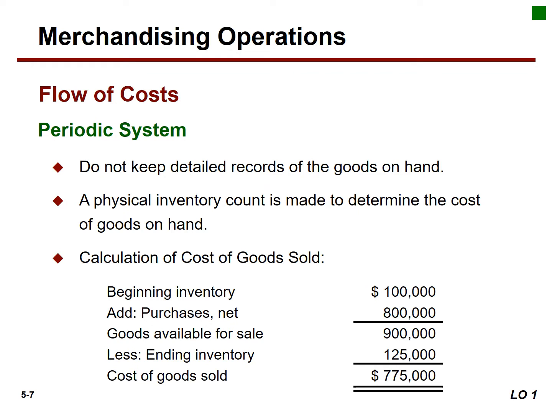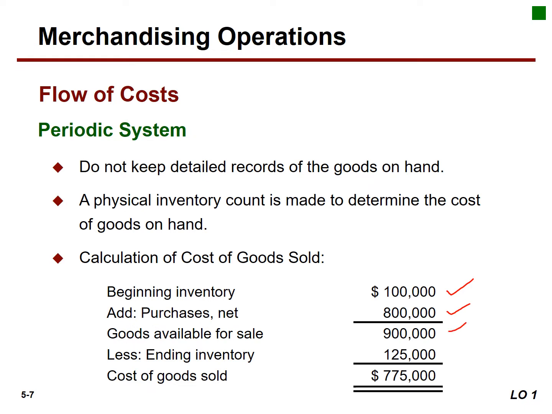The periodic system does not keep detailed records. They calculate cost of goods sold on their income statement when they're preparing that. And that calculation, you remember back to our flow of cost, we take our beginning inventory, add the cost of the merchandise that we've purchased.